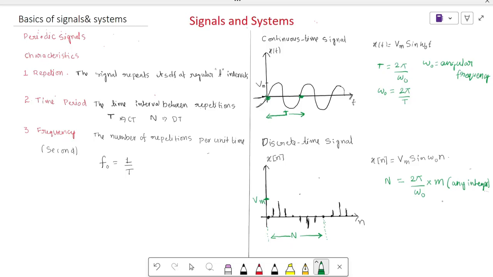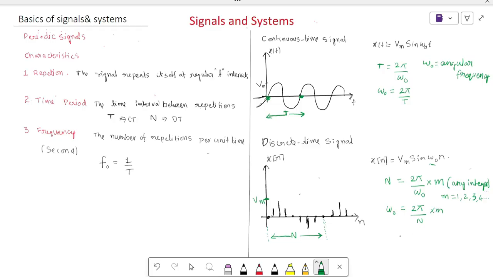So you can take m from 1, 2, 3, 4, and so on. Then the angular frequency formula: omega naught equal to 2 pi by capital N into m.